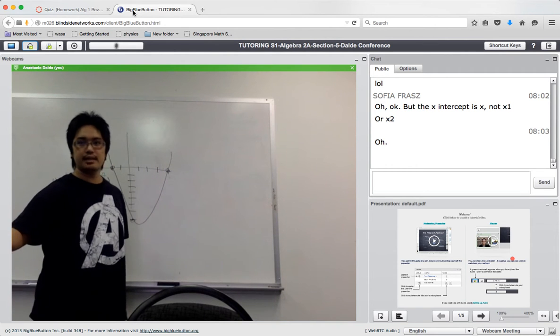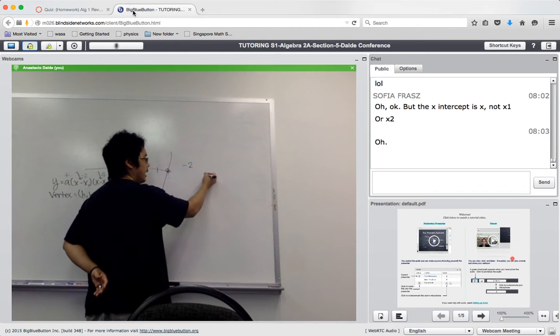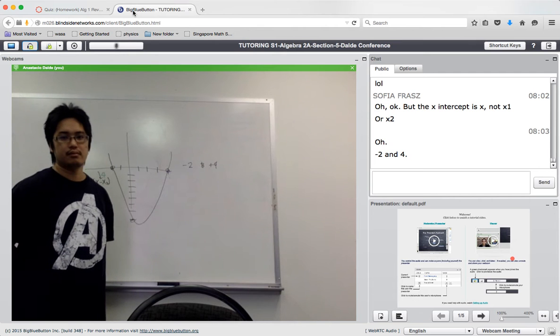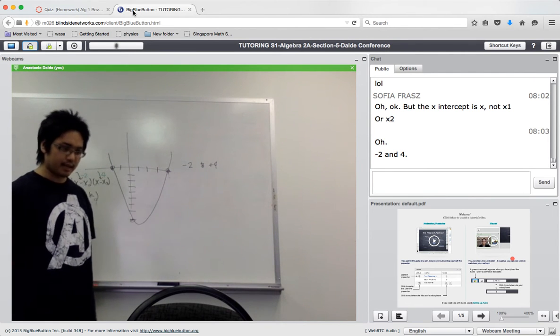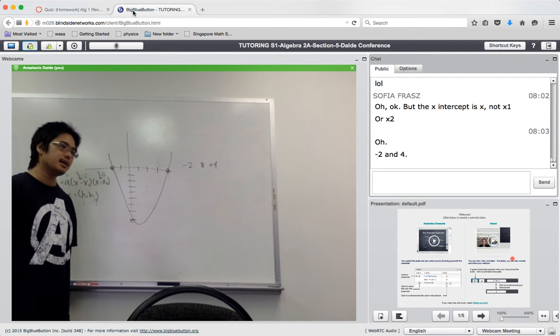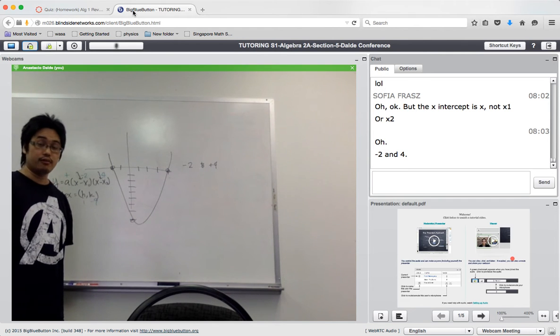Where are the x-intercepts again? -2 and +4, right? So, to find the x-coordinate of the vertex, what I want to do is find the middle. To find the middle, you take the average.